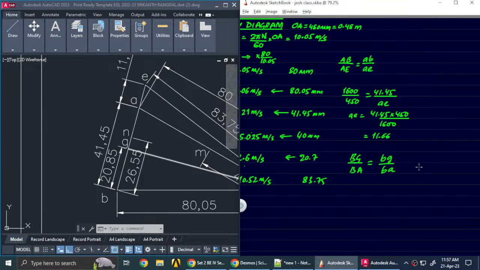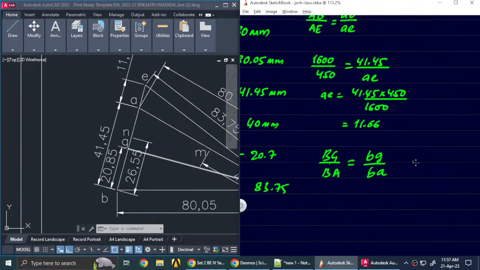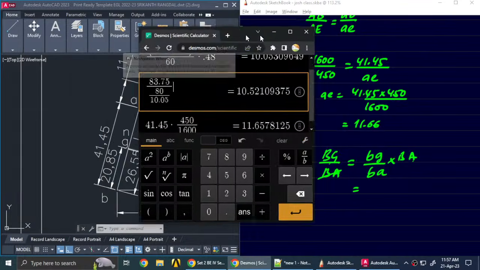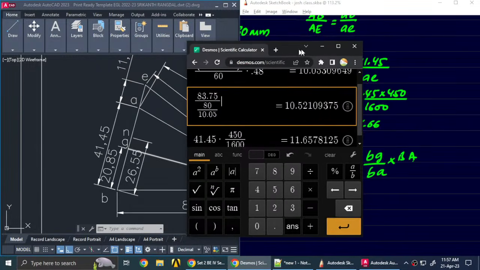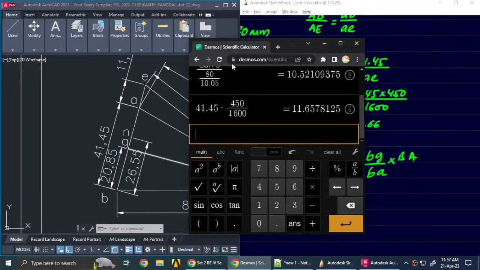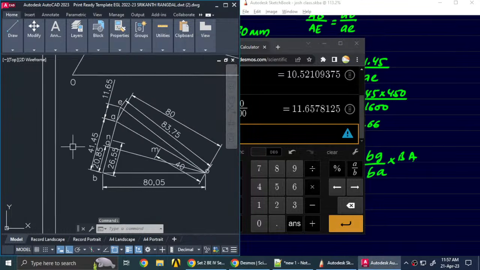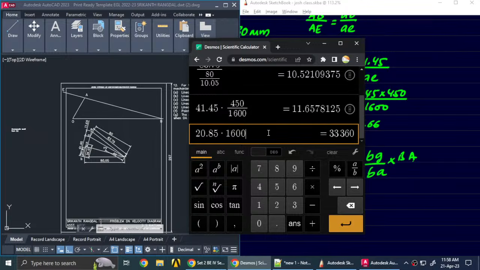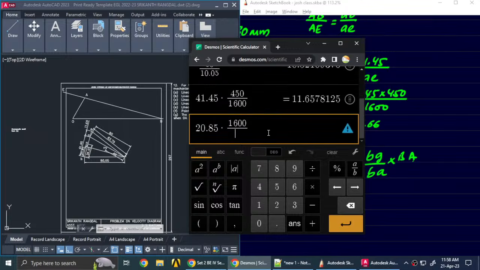All right, so this will go and get multiplied over here. Let's do that, and we get small bg length. Small bg length is 20.85 into capital BA, and BA length we know it is 1600 divided by small BA.